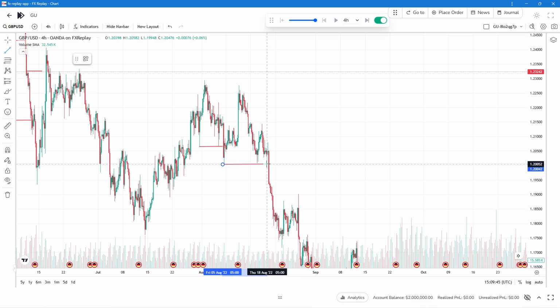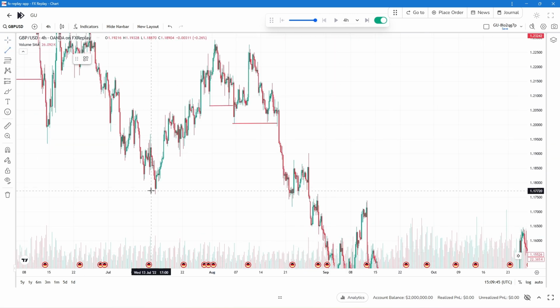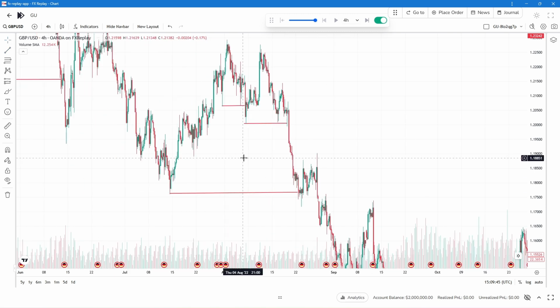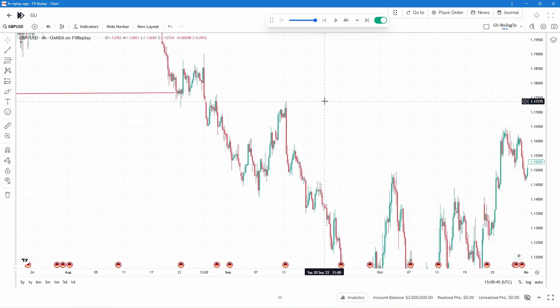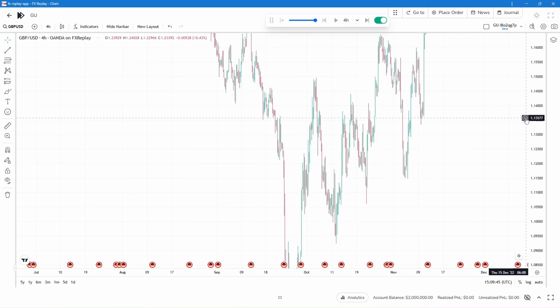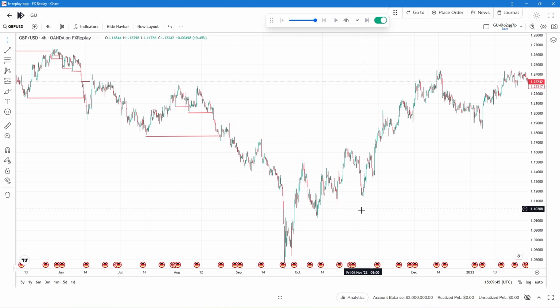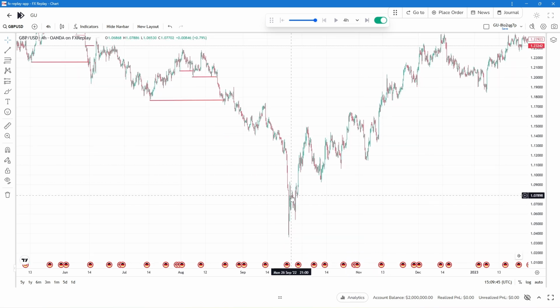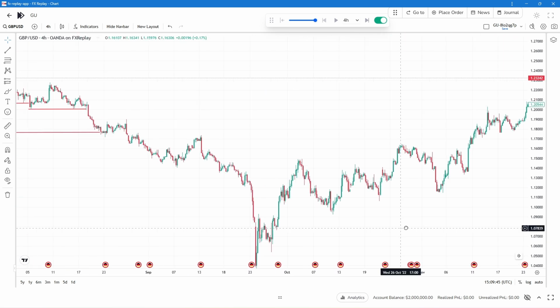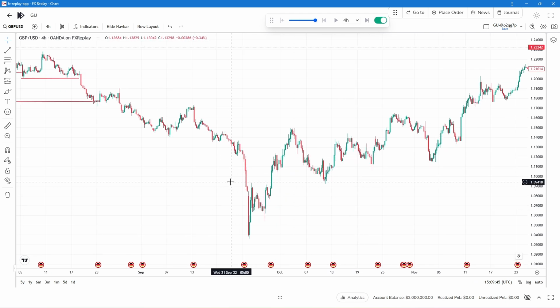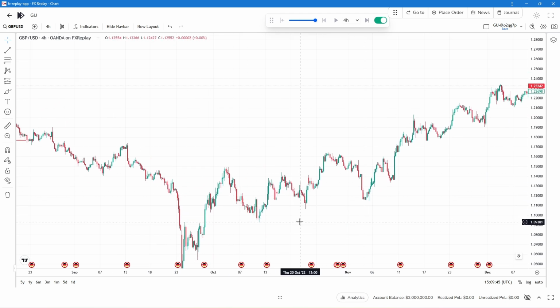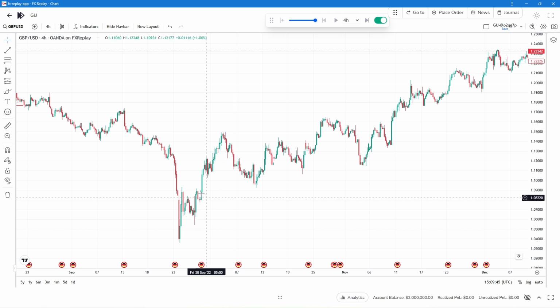Expectation order flow is to take this out, and because the trend has been so strongly bearish, we expect this to be taken out, and then we take all of this out. This was quite an aggressive push to the downside, maybe some liquidity sweep, but then we are rallying quite strongly again to the upside.